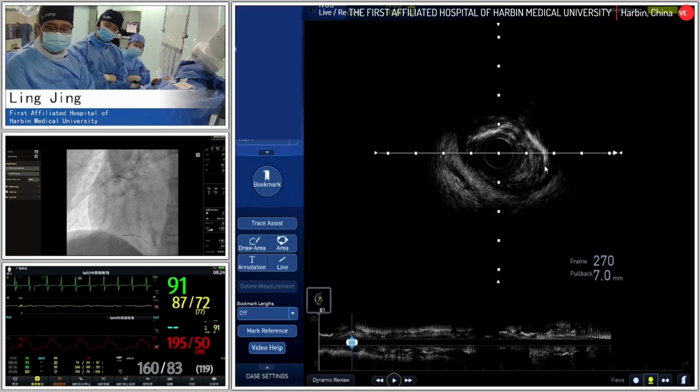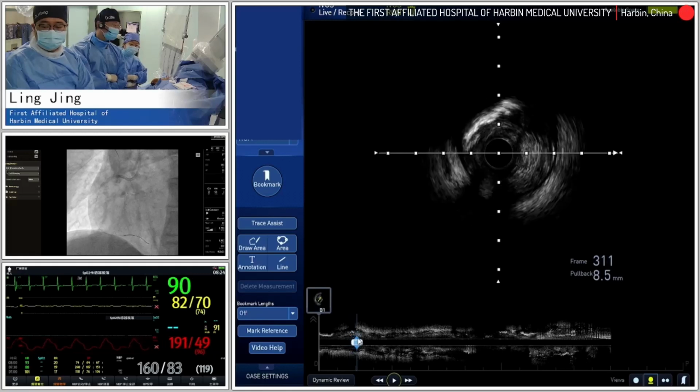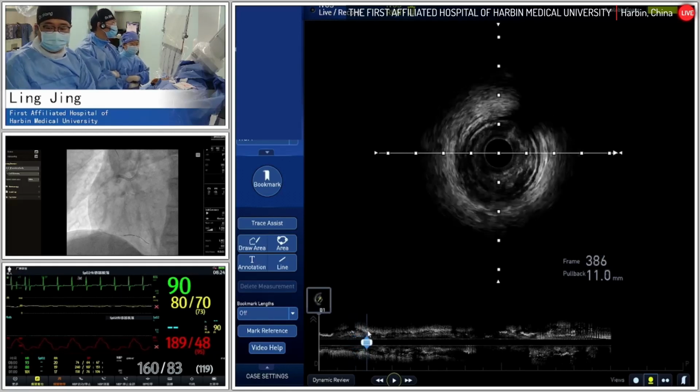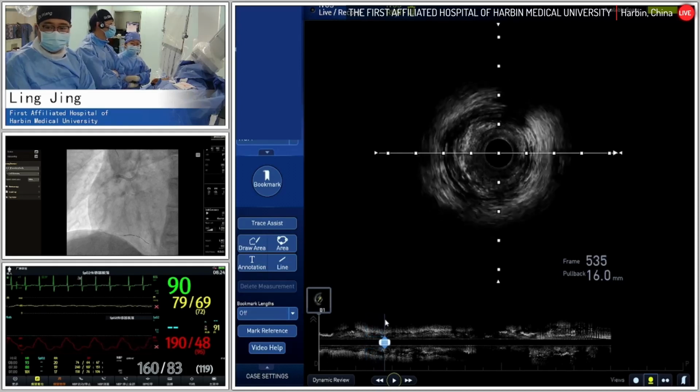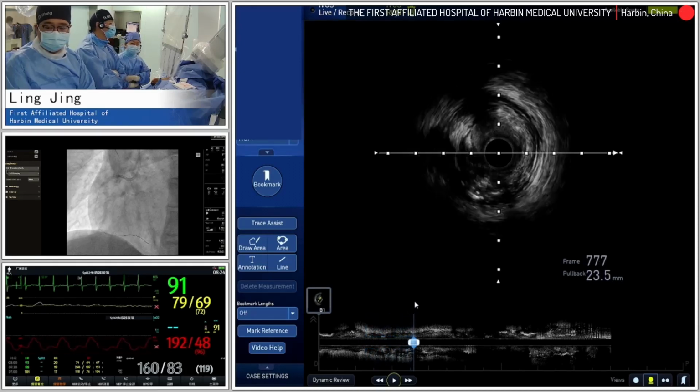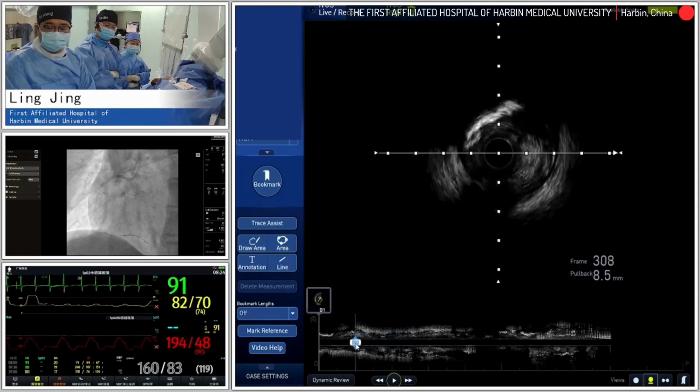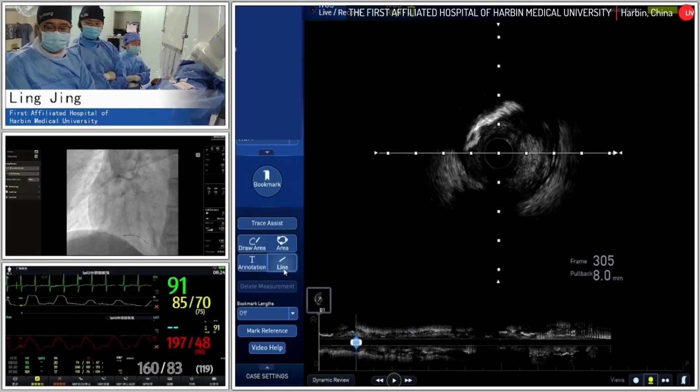It's at least, I think, 200 degrees or something. So this may require some scoring balloon preparation for this kind of long lesion. And here seems to be some negative remodeling of the vessel. So the plaque modification should be performed very carefully. Let's measure the EEM.